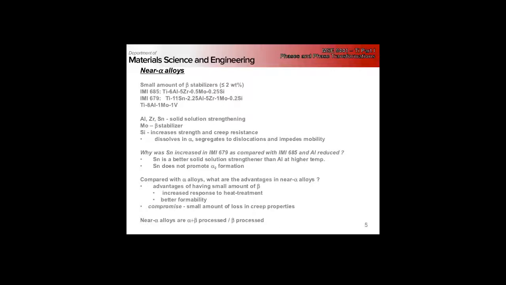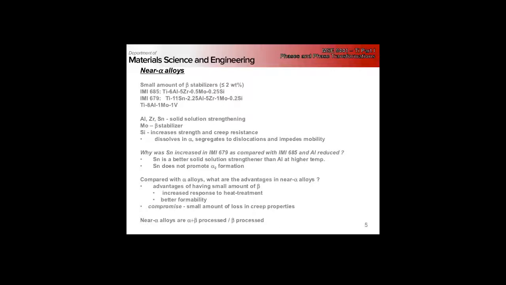So if we compare to pure alpha alloys, having a small amount of beta present is going to mostly give us better formability. We've got more things that we can do by playing with the heat treatment. The compromise is that having a little bit of beta phase in there gives you more options, but you have a little bit of loss of creep properties.